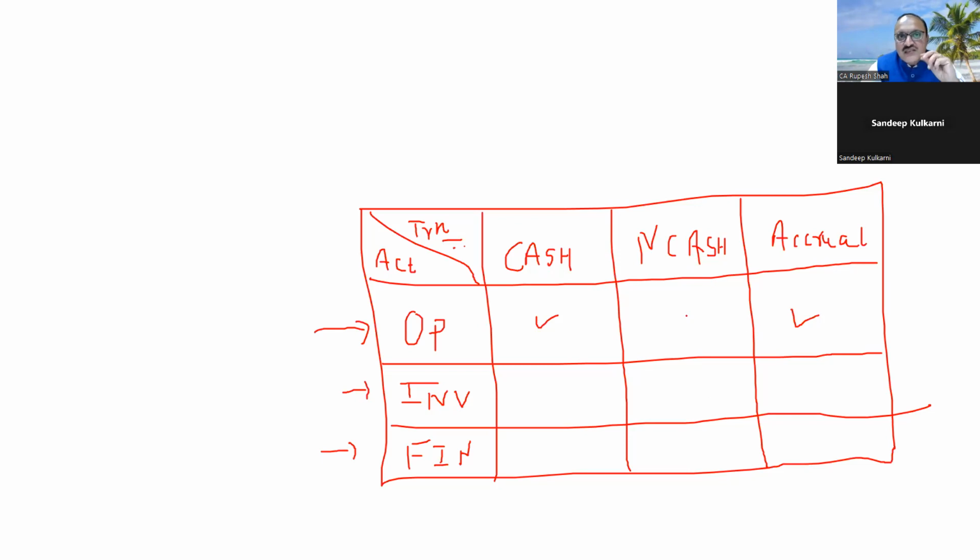Then you will ask a logical question: what is the meaning of non-cash transaction? Give some example. So let us understand, there are certain transactions where there is no inflow or outflow of cash. For example, if I pay salary to my staff, then I will give a check or RTGS or cash. There is some outflow of cash from my business.